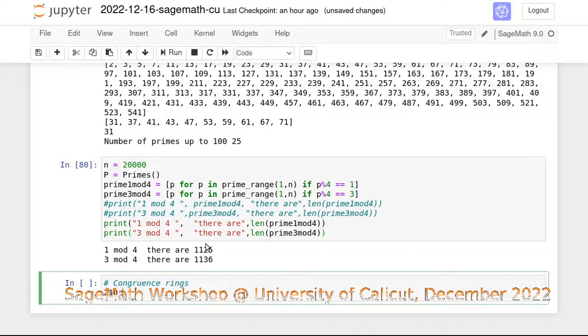So for example, Z10, you know that this is 0 to 9. That's defined using the integer mod ring 10. So this is the integer mod 10 ring. That's what we are supposed to read.